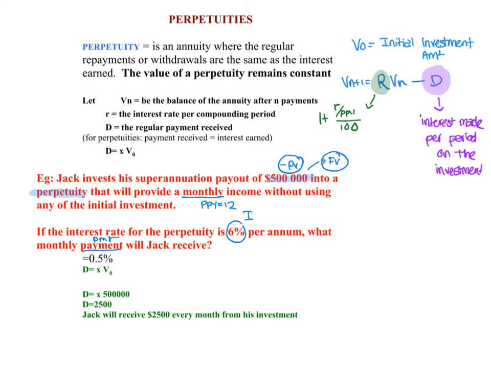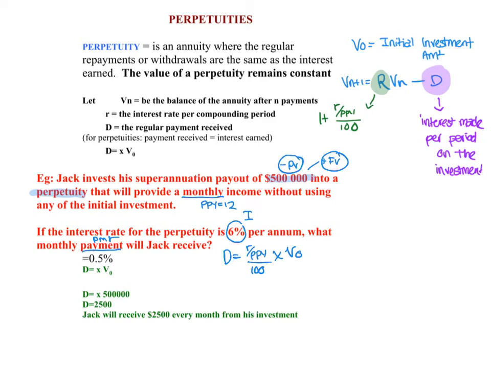So if you look at it, I want to know what D is. And in this form, D actually works out being R over PPY over 100 times the V0. Okay, so that's what I'm trying to do there.